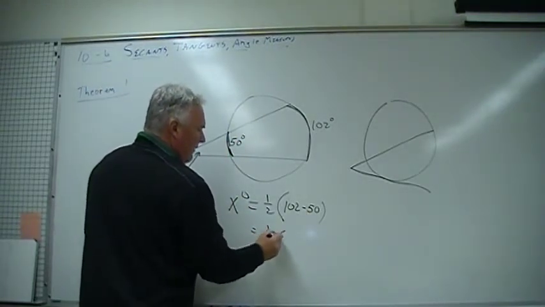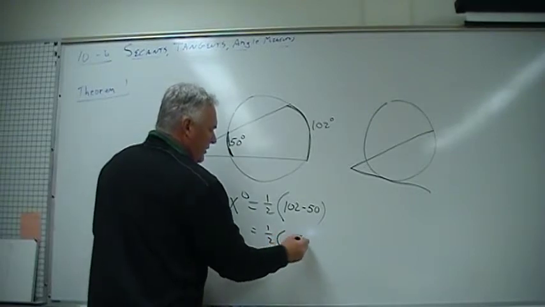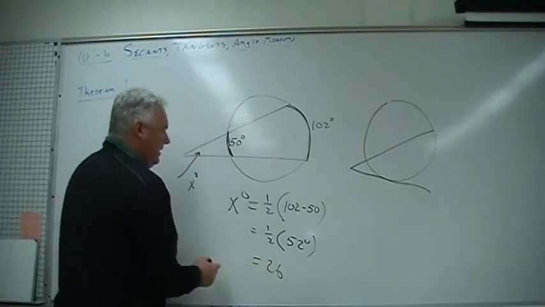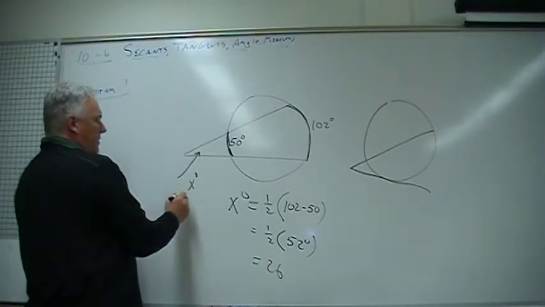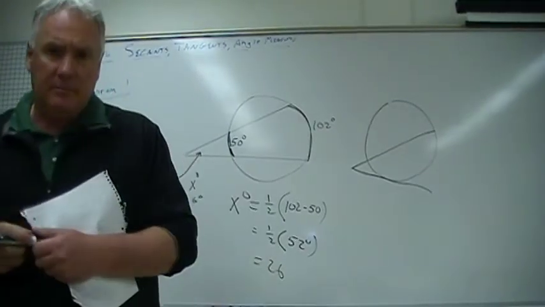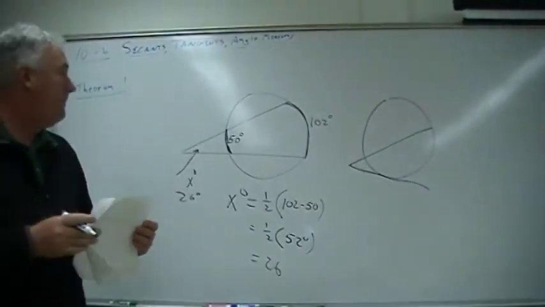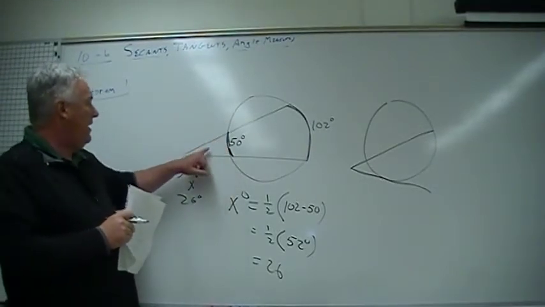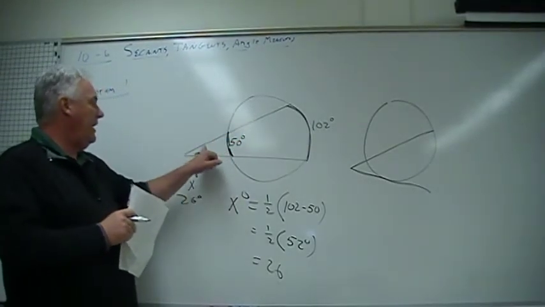It's 1/2 of 52 degrees. Half of 52 is 26. So that means this measurement is 26 degrees. I've given you the two arcs to find the angle.